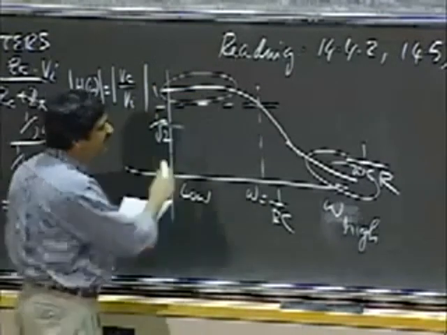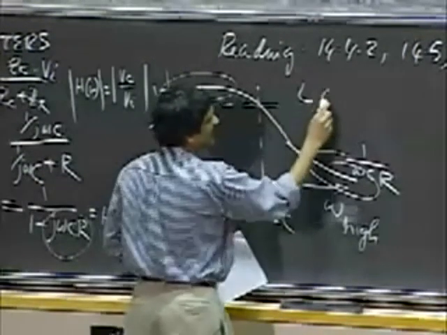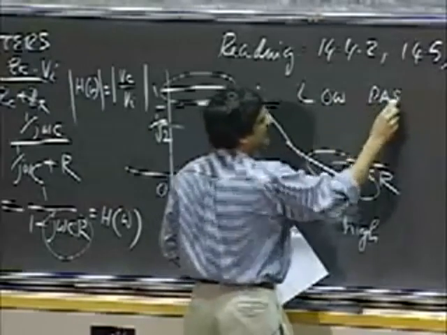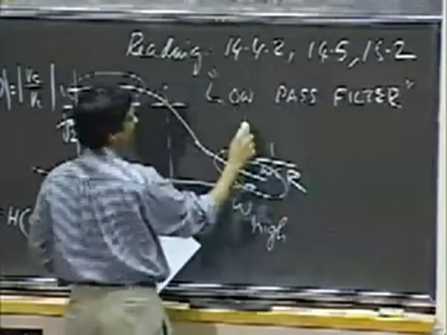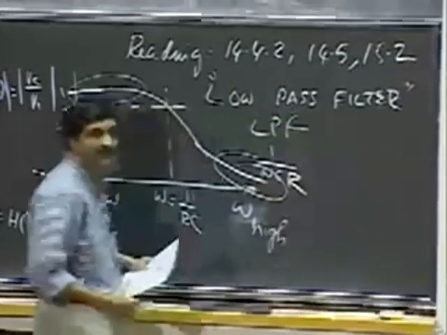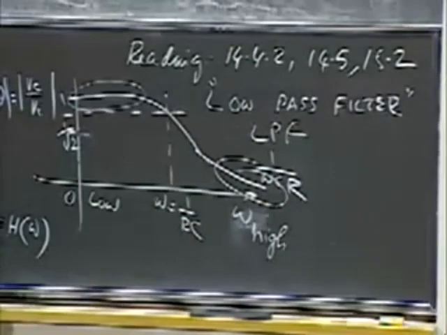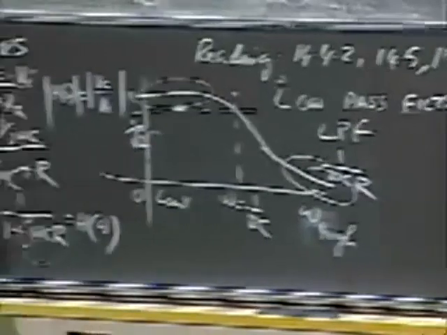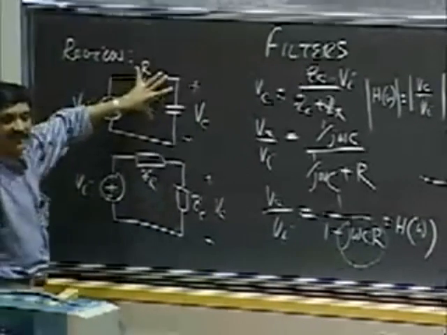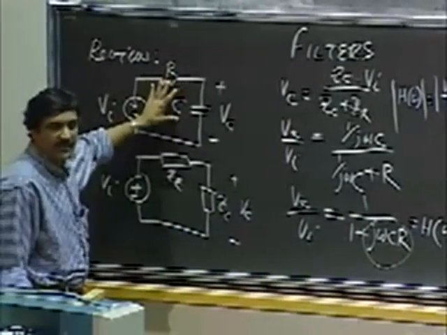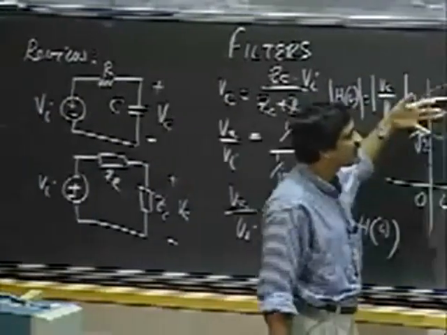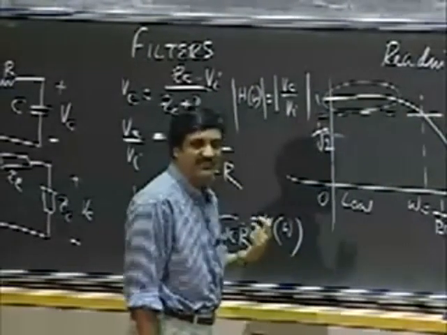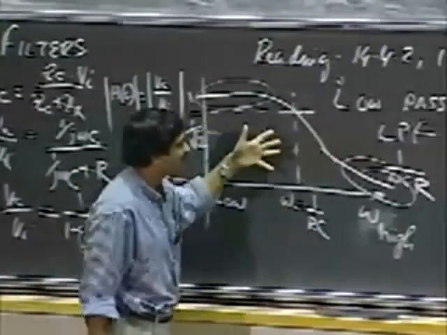Okay, and so this is an example of what is called a low pass filter, or LPF. What this is saying is that this little circuit here acts like a low-pass filter. It's a low-pass filter because it passes low frequencies without attenuation, but kills high frequencies.